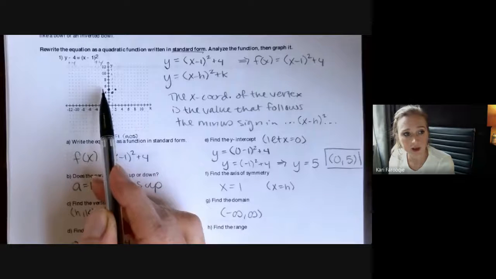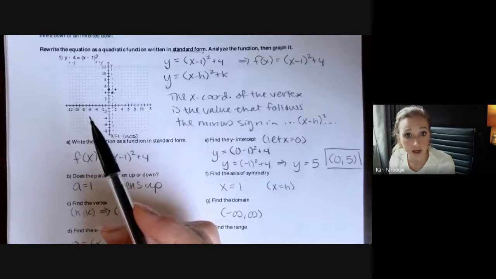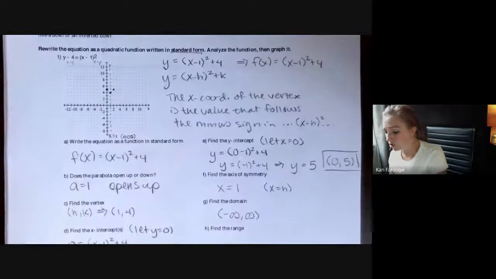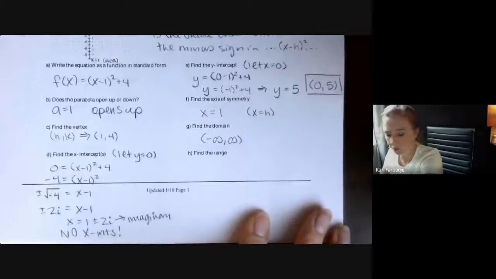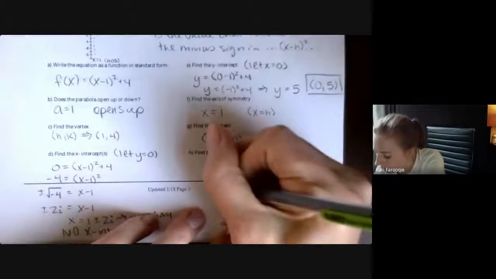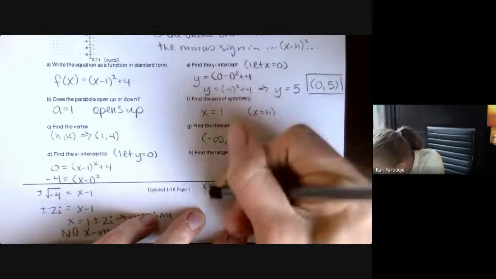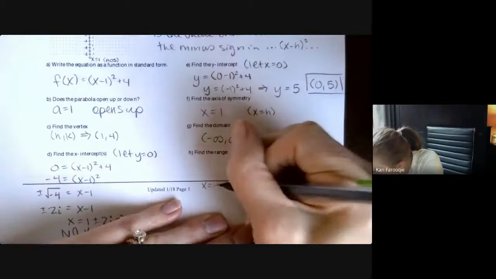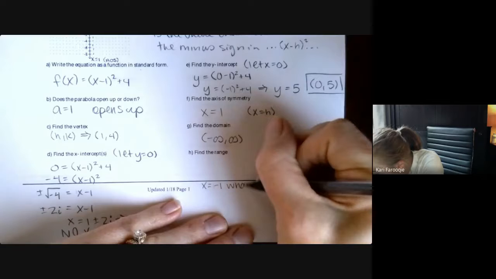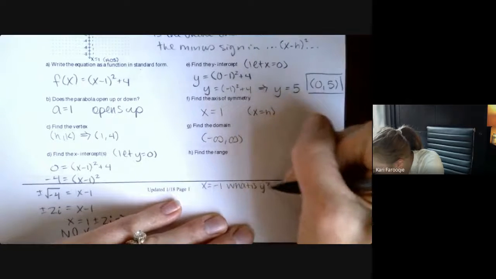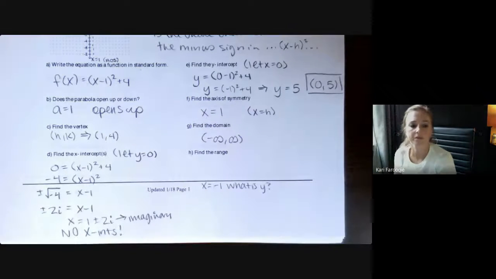So maybe looking at what happens when x equals -1. I'm just going to put this somewhere, I don't need a ton of space. I'm going to figure out when x equals -1, not +1. When x equals -1, what is y? Just so I can get one more point so I can have a really nice shape to the graph, and then I can go ahead and finish graphing it.